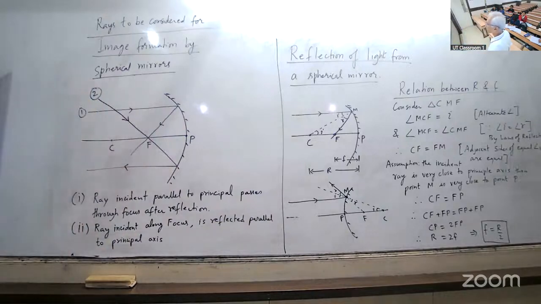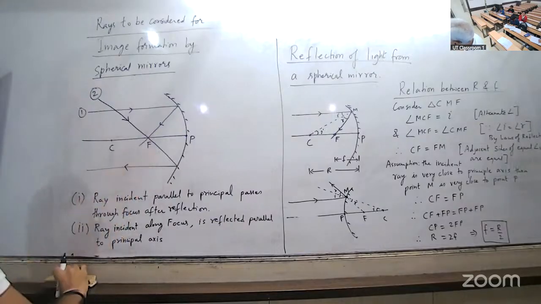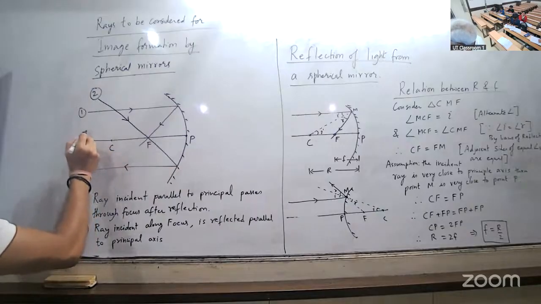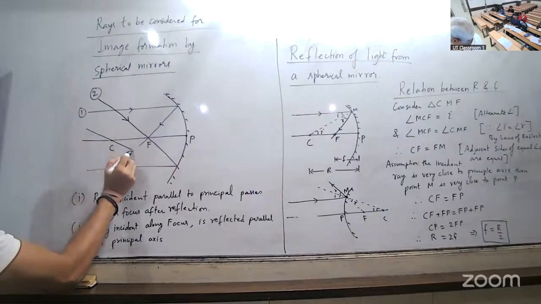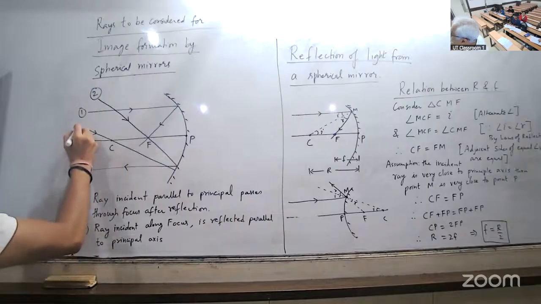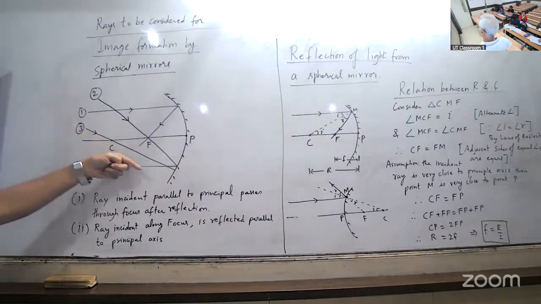Okay. The third ray I'm taking is the ray incident along C. This is the third ray. So the ray which is passing through C is hitting the mirror.